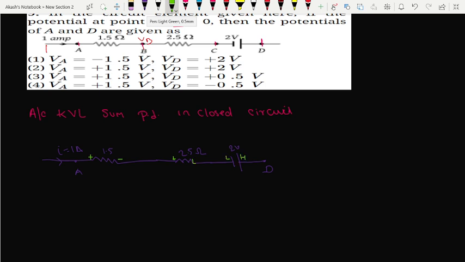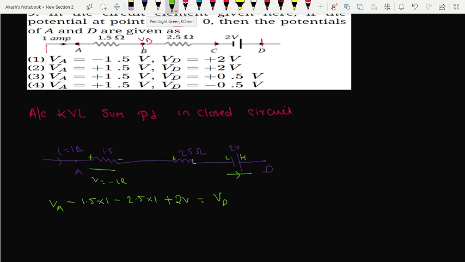If we go in the direction of current through a resistor, then the voltage is equal to minus I into R. So we can write simply VA minus 1.5 into 1 minus 2.5 into 1. Lower to higher across a cell is positive potential, plus 2 volt equal to VD.